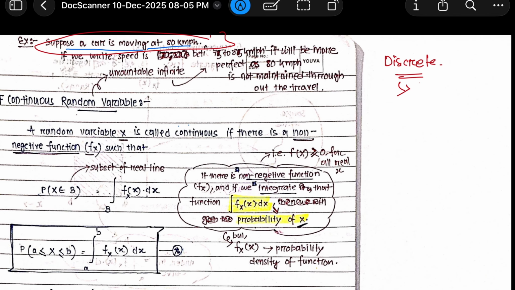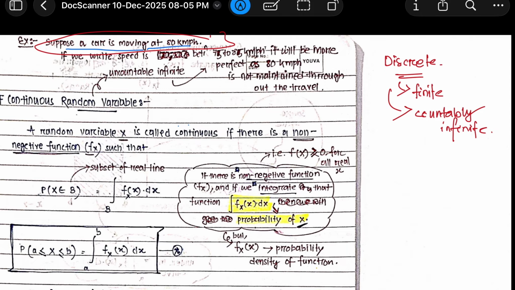Discrete is used when your numbers are finite or countably infinite. I'm giving one example, and you need to write another example in the comment box.